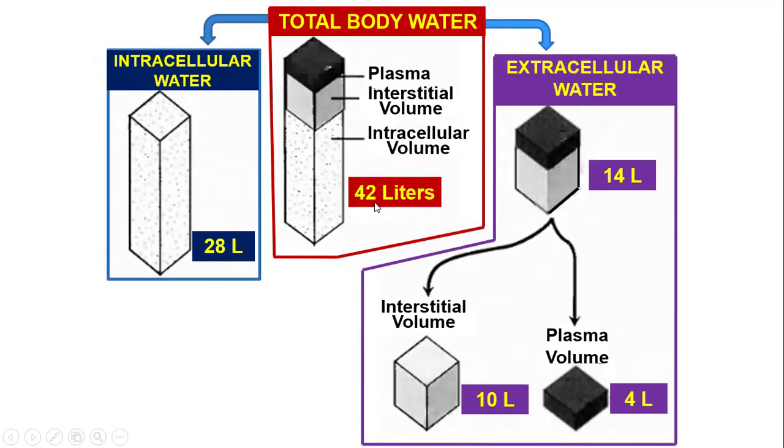Out of 42 liters, your intracellular fluid is 28 liters, and the remaining 14 liters is your extracellular fluid. In extracellular fluid, both plasma and interstitial volume are included. 4 liters is your plasma and 10 liters is your interstitial volume.